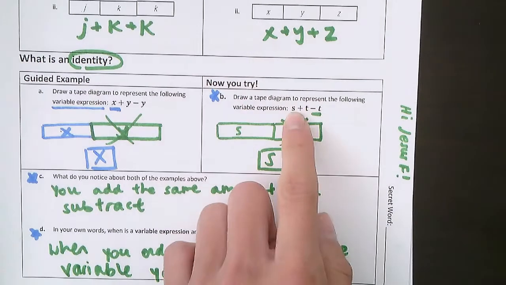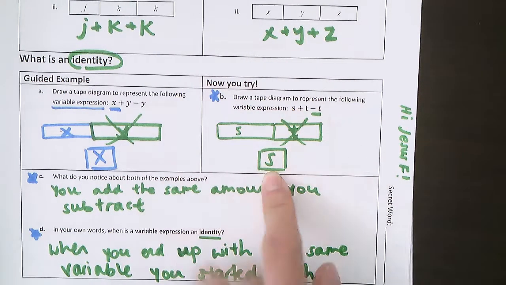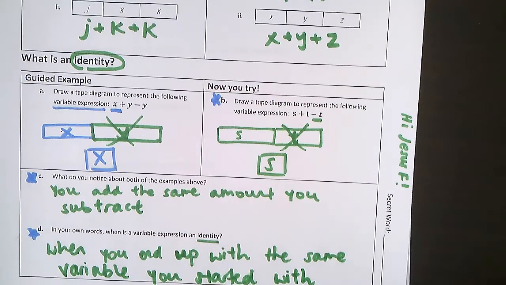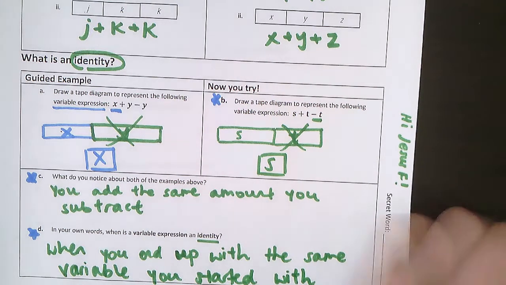Right, so we started with an S. After all this, we ended up with an S. We started with an X, we ended up with an X. That's why those are identities.